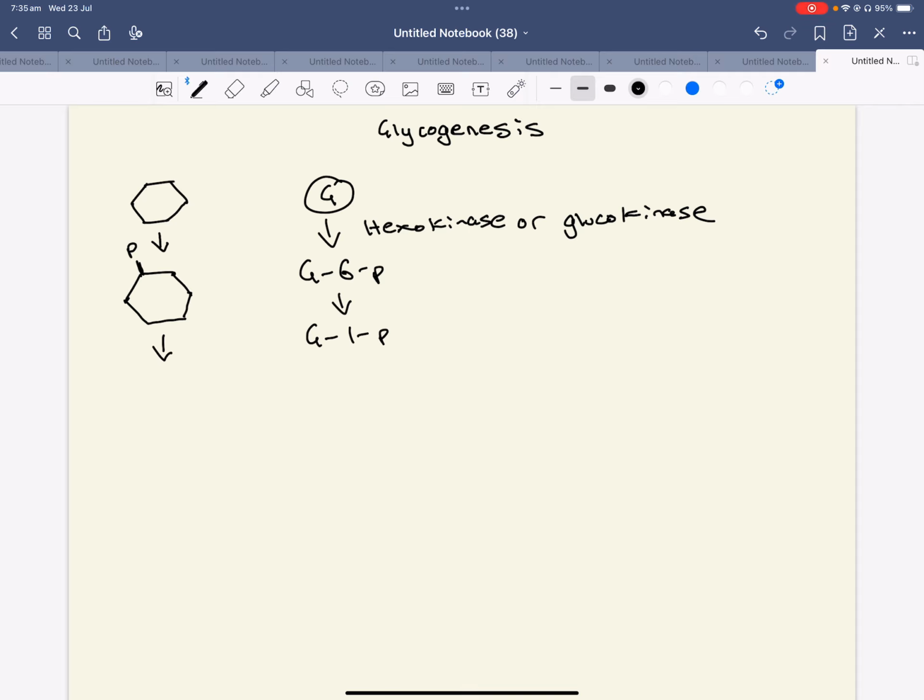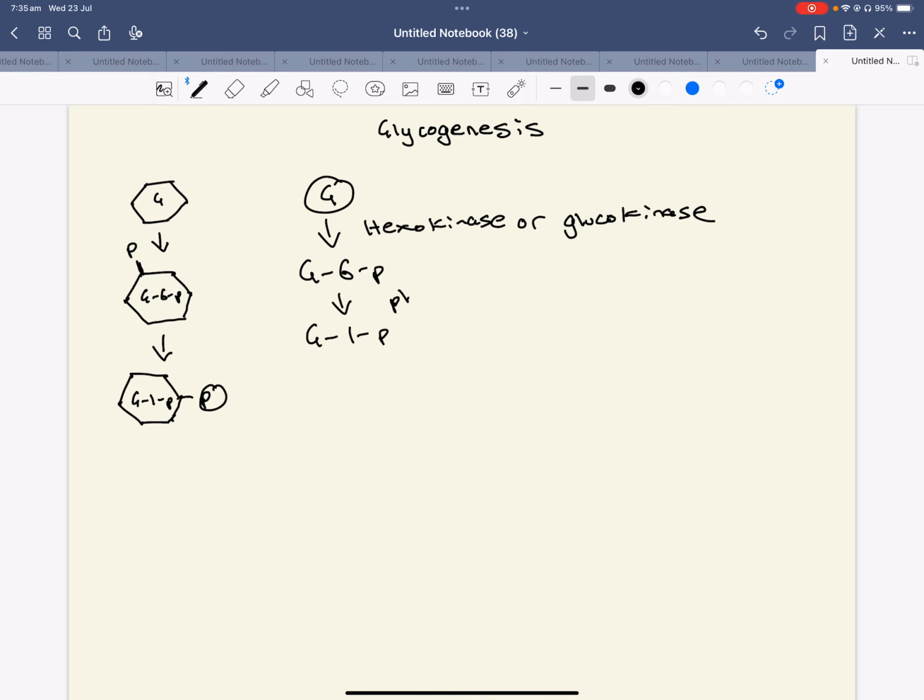Then we're going to rearrange it. We're going to put it here. So this is G1P, G6P, and this is glucose. Okay, so we rearranged it.